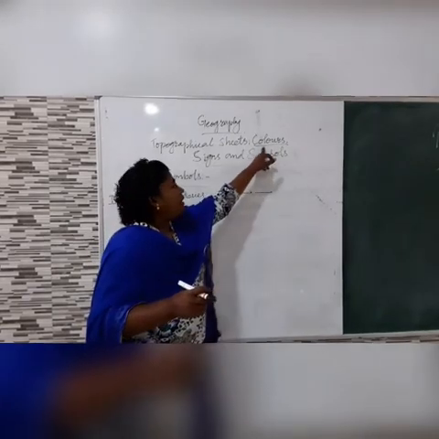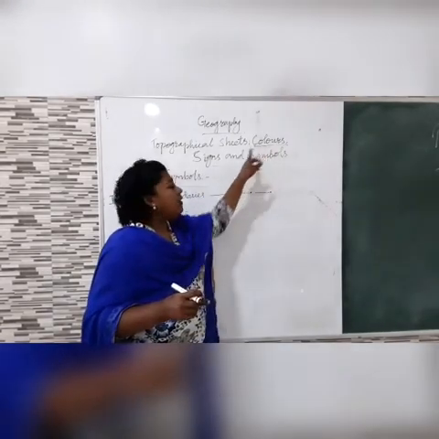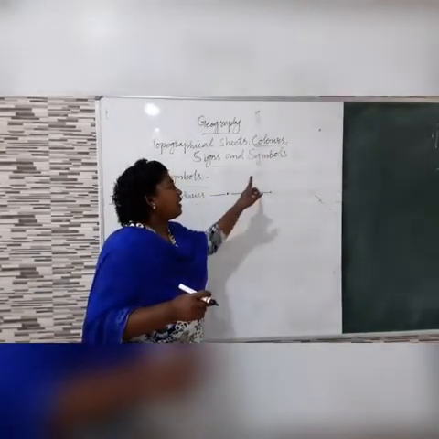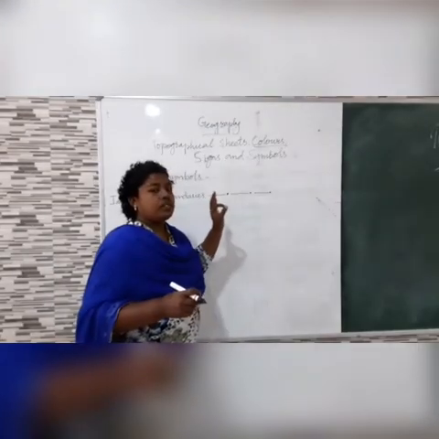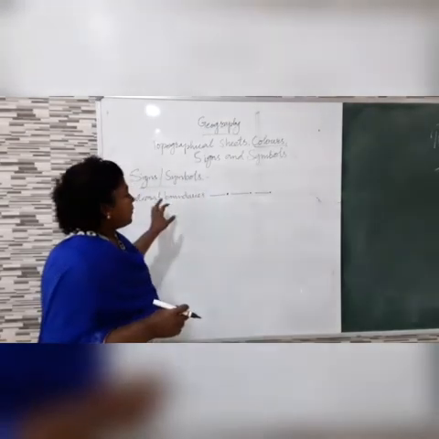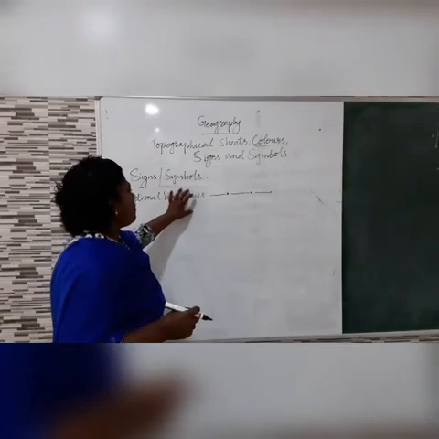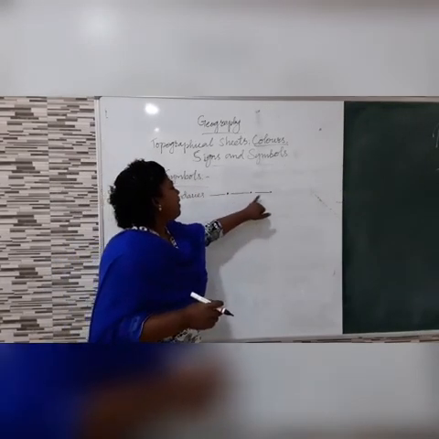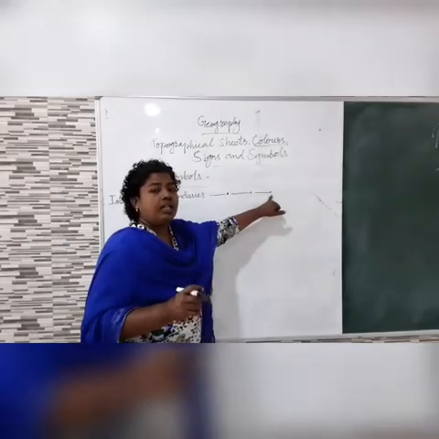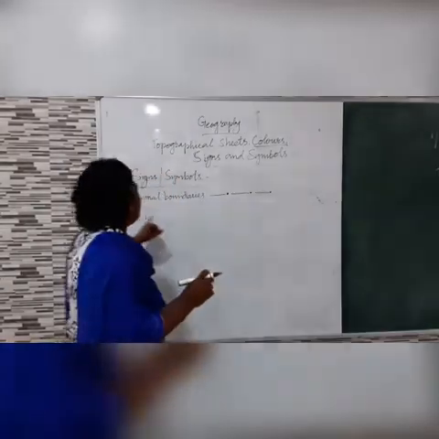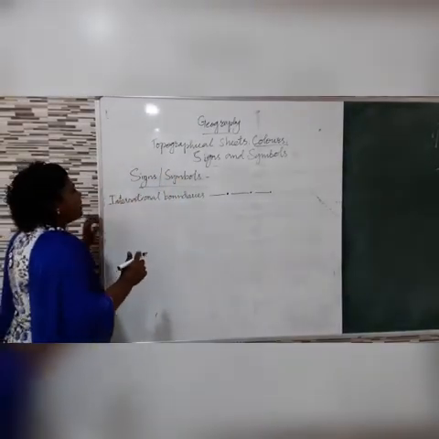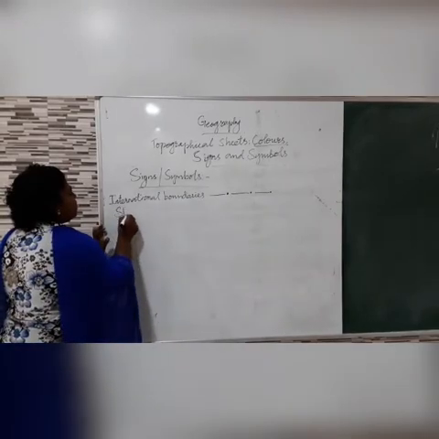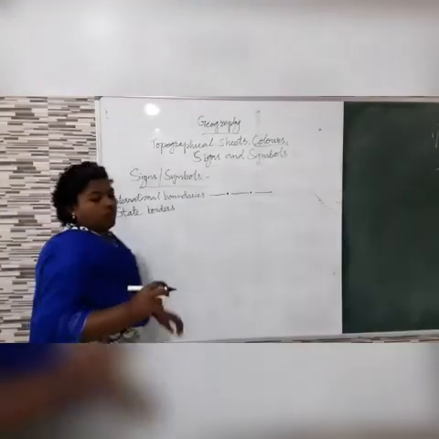In the previous topic you have learned colors, is it? To draw the borders, which color is used? Black color is used. Here to show the international boundaries, some kinds of dashes and dots will be used, drawn in thick color. For the state borders, what will be used?